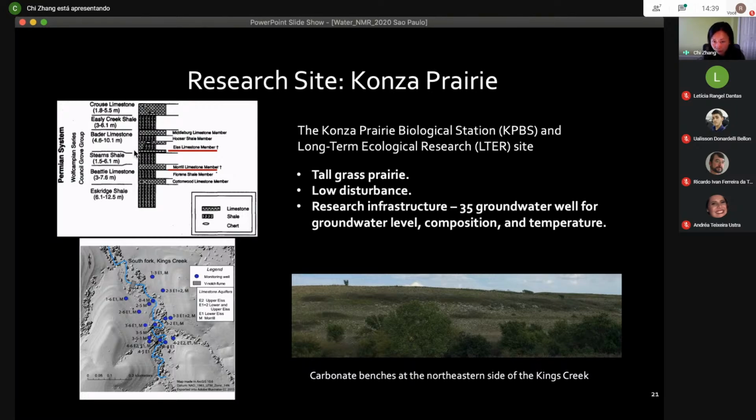We focused on two limestone formations, the Ice limestone formation as well as the Morrill formation, because these two are the main aquifers in this region. You can see from the figure in the lower left corner this small watershed, all the dots showing the monitoring wells, and this blue line showing the intermittent stream. And this one shows the carbonate bench exposed on the surface.